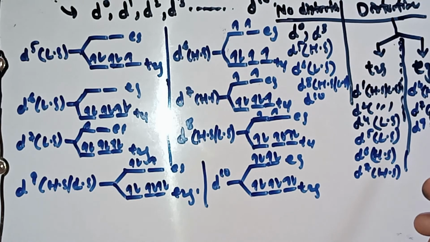That's why it will be distorted, and we call it EG distortion. So EG distortion will be present in only these cases: d4 high spin complex, d7 low spin complex, and d9 complex. Is it clear? You can take a screenshot. Let's proceed.